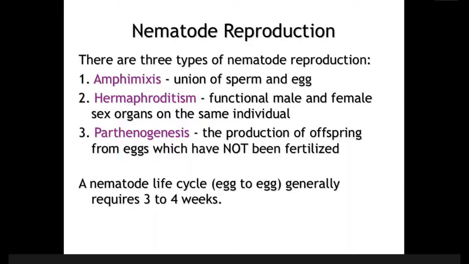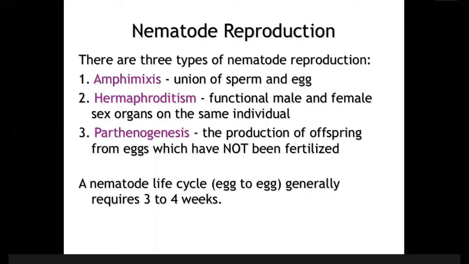Then the second one is hermaphroditism, that is functional male and female sex organs present on the same nematode, the same individual. We call this type of reproduction hermaphroditism. And the third one we call parthenogenesis, that is production of offspring from the egg.